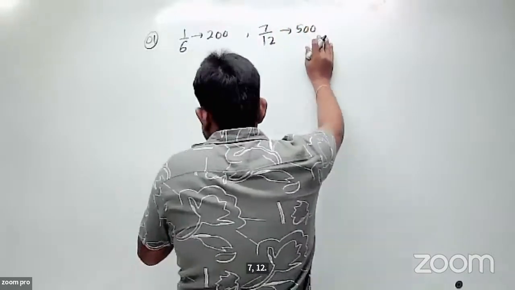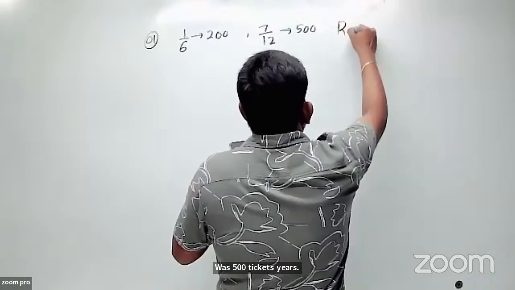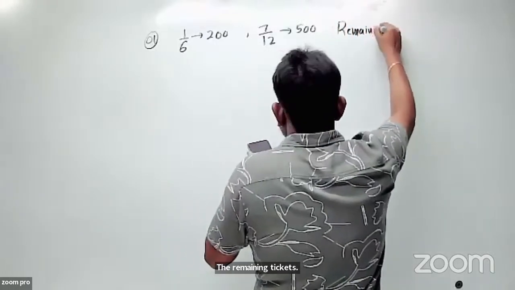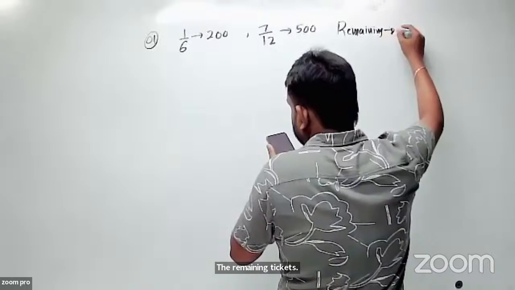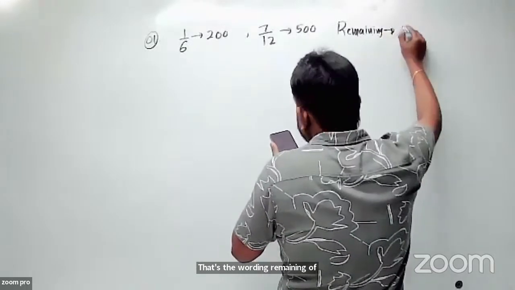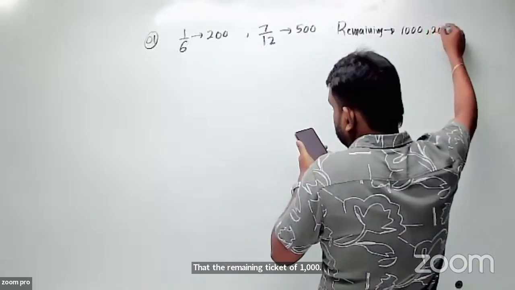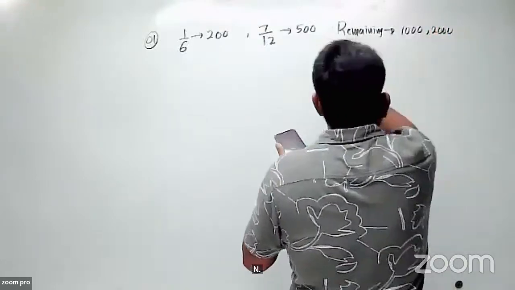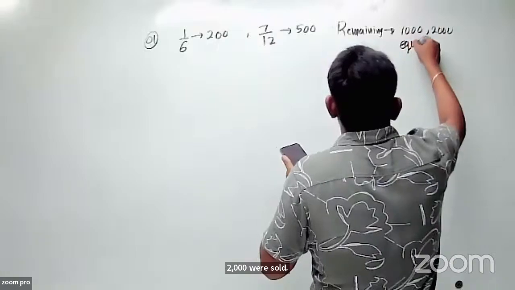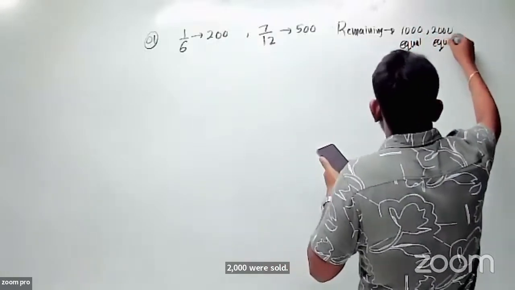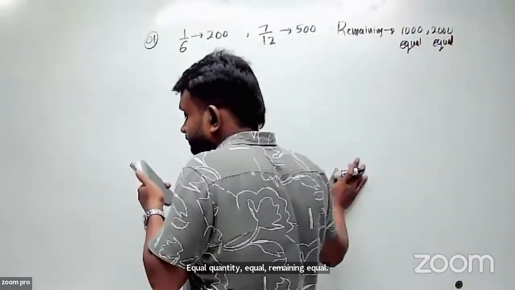The remaining tickets, 1,000 and 2,000, were sold in equal quantity.